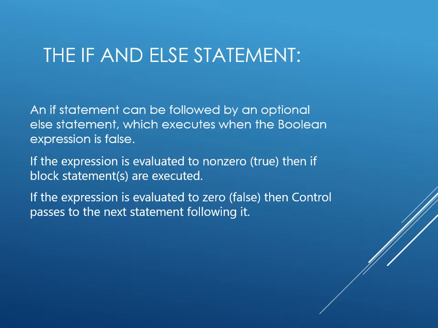And if the expression is 0, meaning it is false, then the if statement will not be executed. Like I explained in the previous slide with the raincoat example: if it is raining, we will wear the raincoat, and if it is sunny, we will need sunglasses. Similarly, if statements are similar to these conditions.